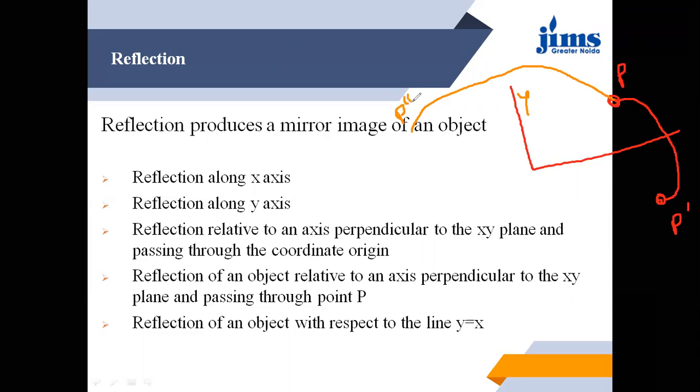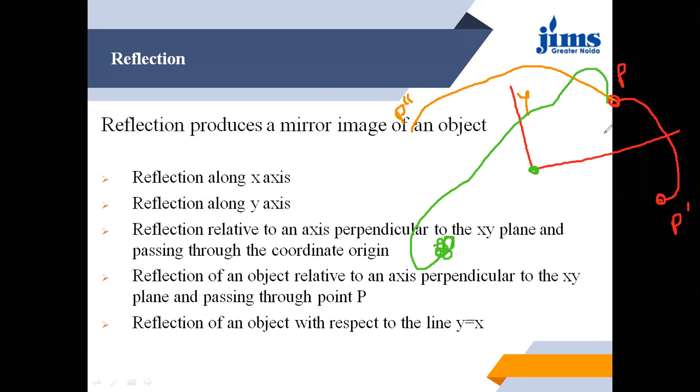I can also reflect this with respect to the origin. When I reflect it, on the other side it will be like this.